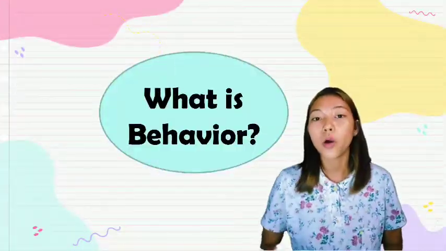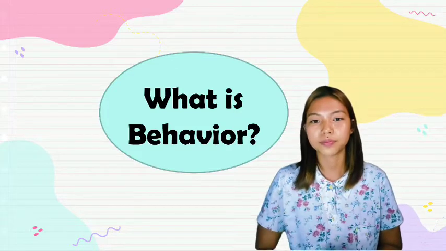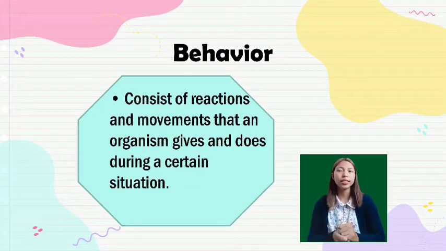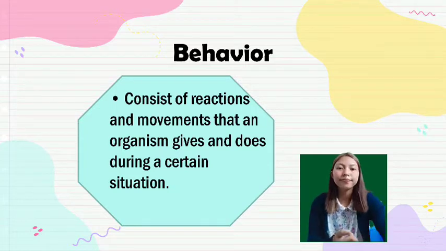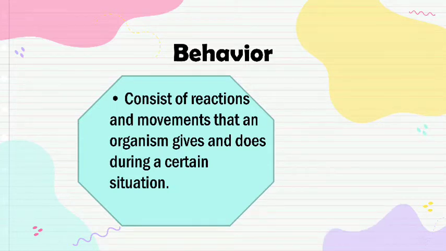First of all, a question comes to our mind. What is behavior? Behavior consists of reactions and movements that an organism gives and does during a certain situation. According to the behaviorist approach, nobody is good or bad from birth.